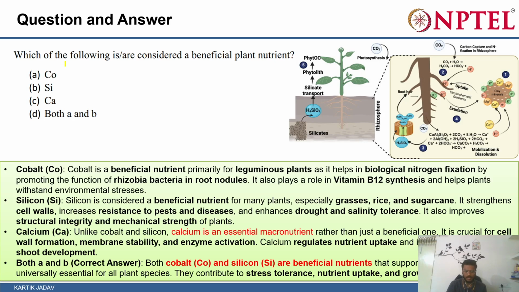So we know that cobalt and silicon both are beneficial plant nutrients, while calcium is an essential macronutrient, right? So correct answer is option A. Cobalt and silicon both are beneficial nutrients.